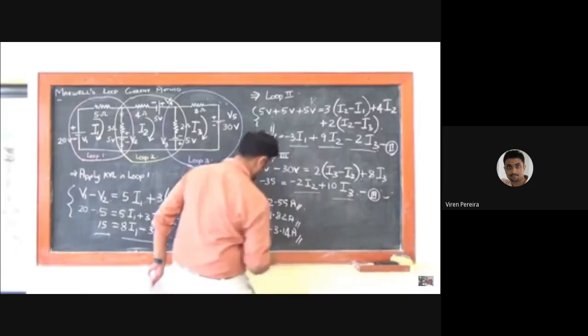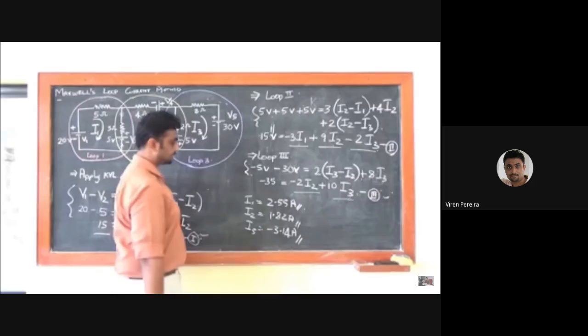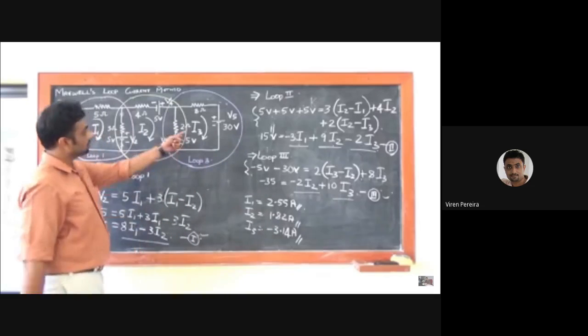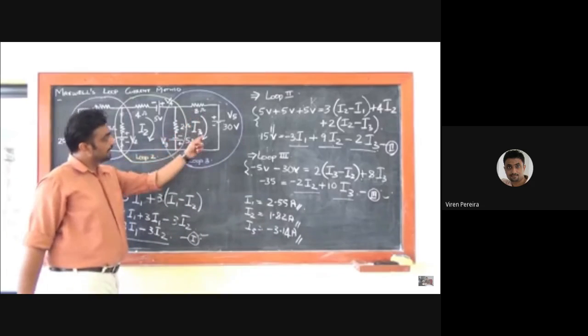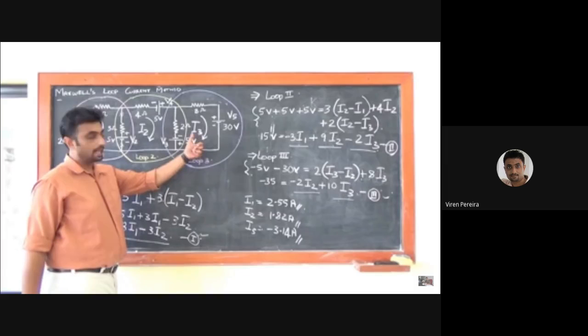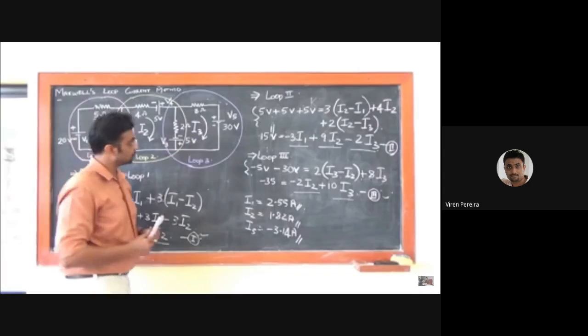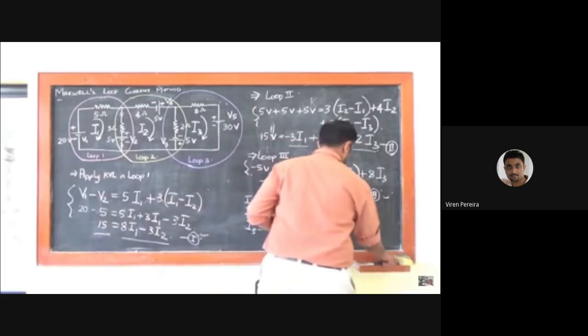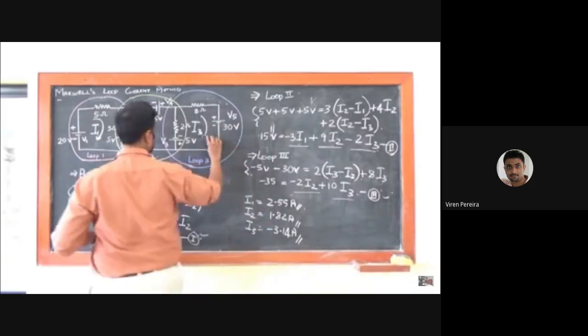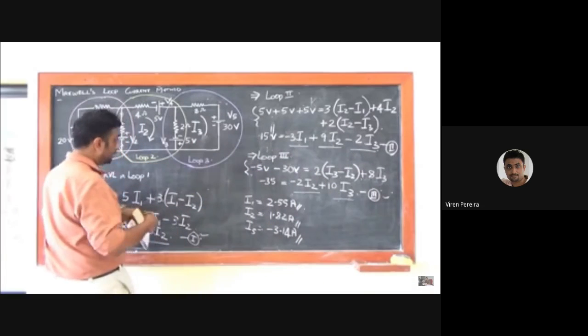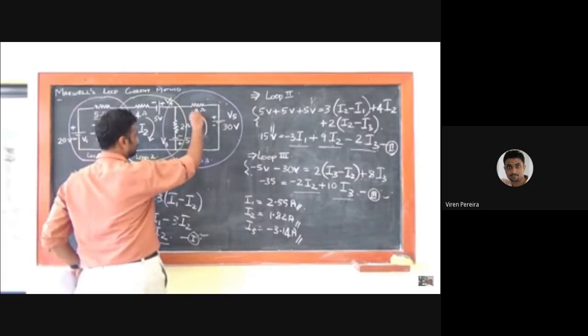Now the reason why this minus sign has come is because the direction we assumed for I3 is basically wrong. If the direction is wrong, we have to correct it by changing this arrow sign.